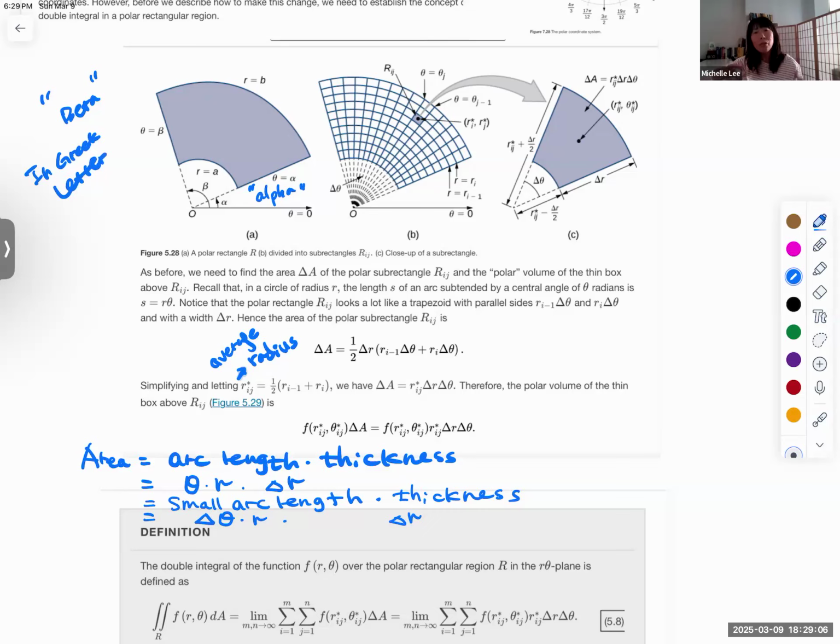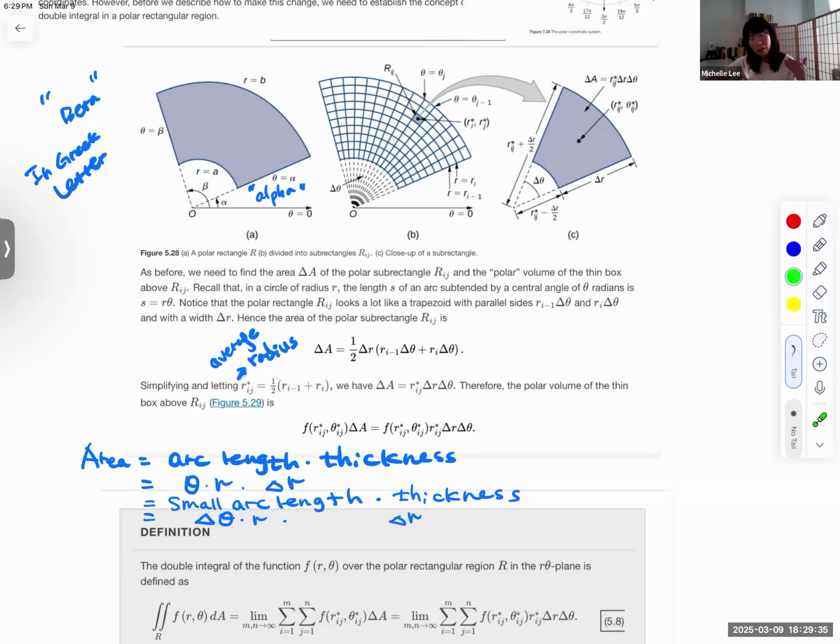Okay, now Riemann sum, we always have rectangles, right? So we take out one small rectangle, and they show us here, right? Now same concept. How do they find volume? Then height will be a function, times area, right? That's the volume.